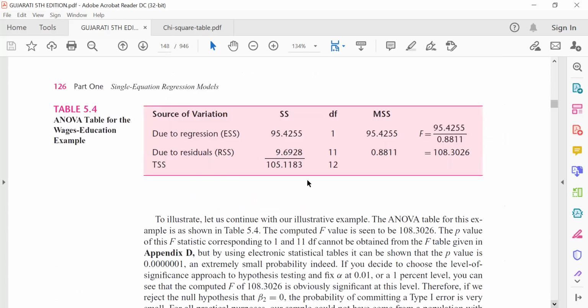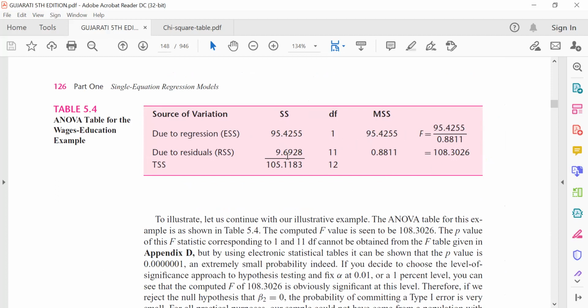Here, for example, the sources of variation: sum of squares of regression and sum of squares of residuals. Here we have mean square 95.4255 over 1, which is the same value.